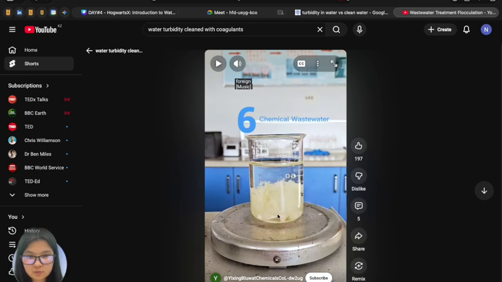So basically these small particles, thanks to coagulants, become big enough, then they settle to the ground, and in that way you treat the water.